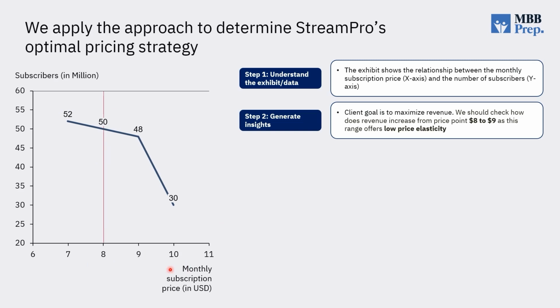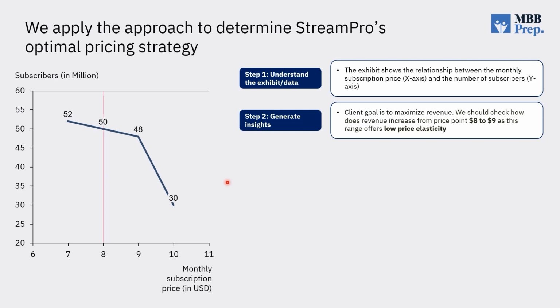Because remember, we are looking at a price point which maximizes our revenue, right? So most likely, the product of let's say $10 and 30 million, right, would be lesser than a product of 9 and 48 million. Similarly, $8 and 50 million, right?